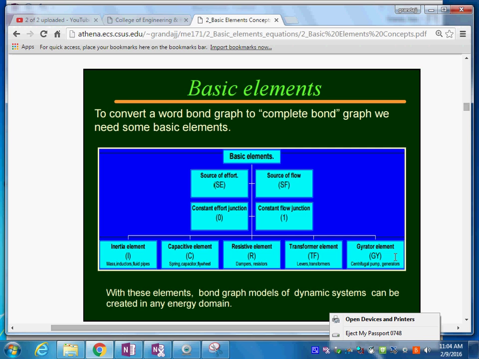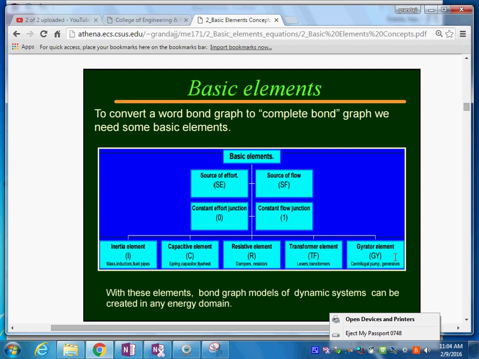It's just transformed. And then we need one more element, this GY element, which stands for gyrator. The gyrator is also called a cross transformer because it is another conservative element, no dissipation of energy.